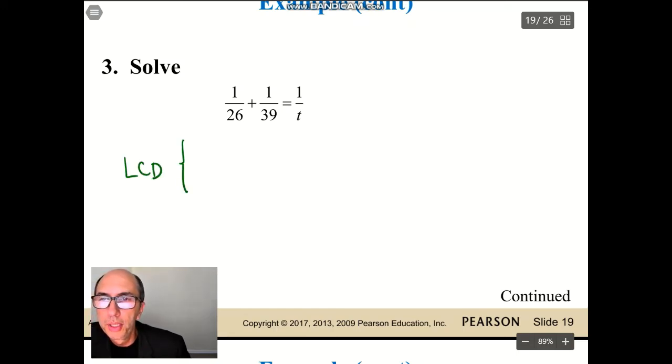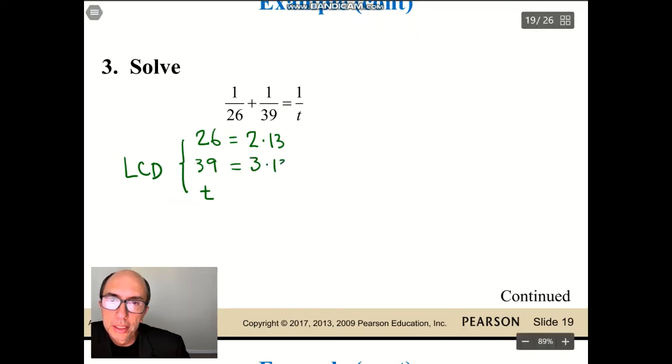We have here three different denominators: 26, 39, and t. 26 we can factor as 2 times 13. And 39 we can also factor as 3 times 13. And t is t, we cannot factor it.